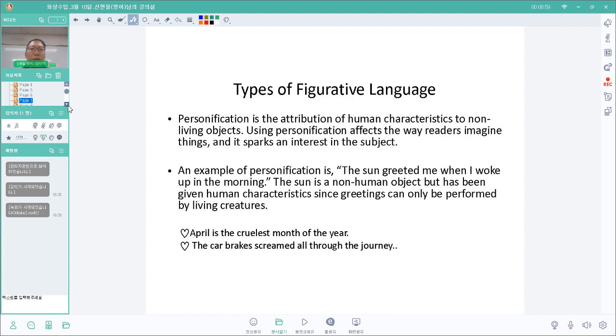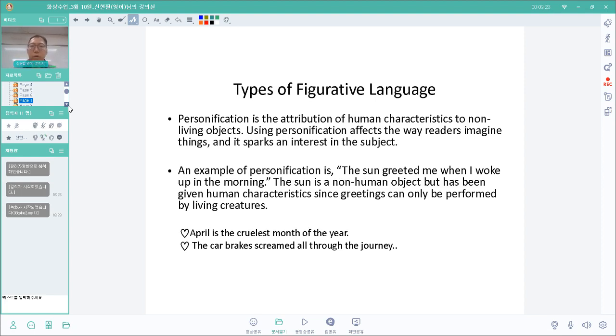So if we use personification, we can make readers imagine something. Okay? If we can cause some spark, we can cause some fun from the readers about this subject by using personification.